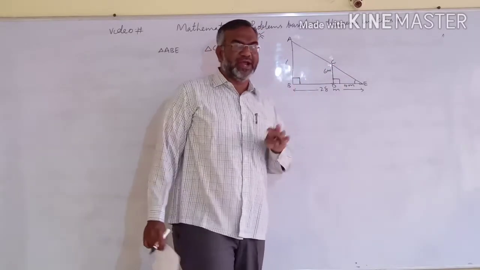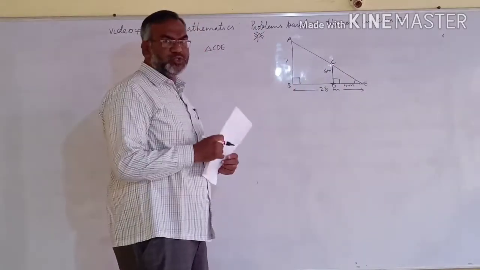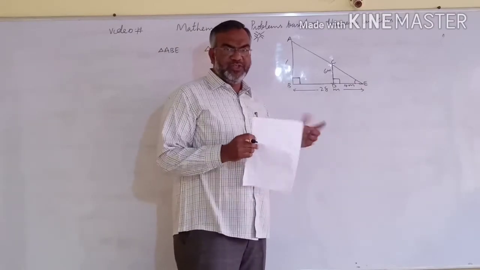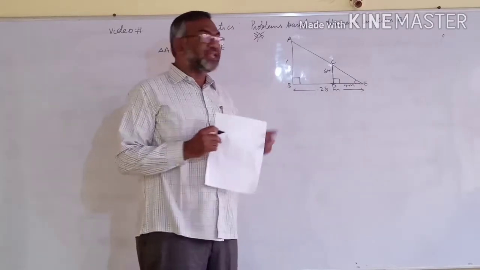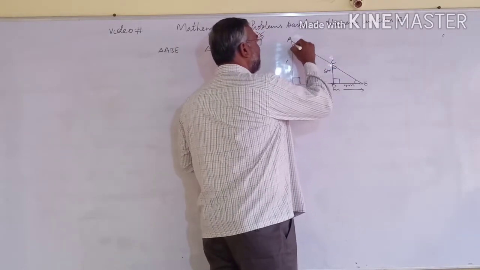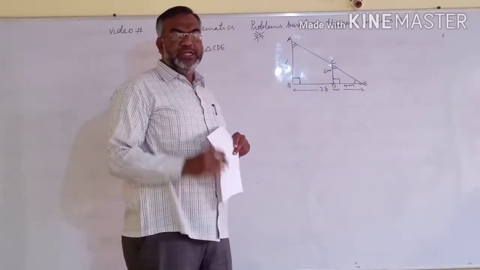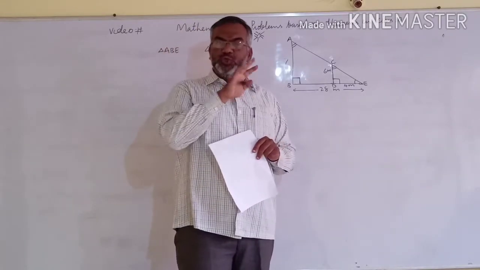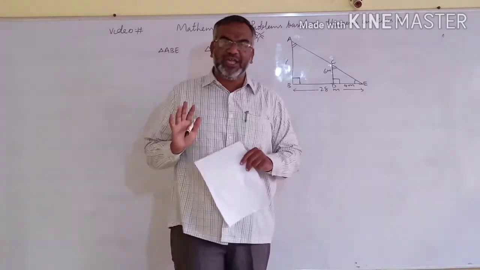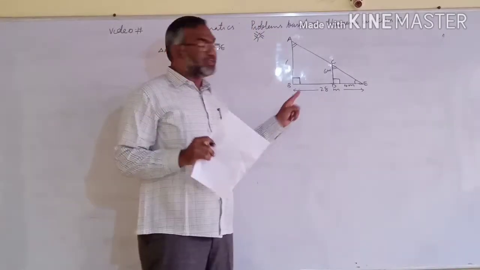A common angle means it is the same angle present in both, so angle E is equal. Two angles are equal: B and D, and E is common. If two angles are equal, then the third remaining angle will also be equal. You have to remember this.